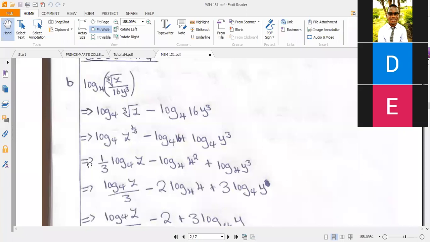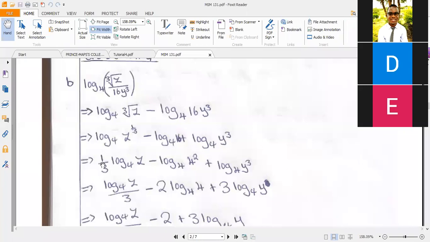Okay, this is how we're going about it. We said log 4 the cube root of z minus log 4 16y to the 3. Then this 16y to the 3 is the same as 16 times y to the power 3. So times means we are adding logs of the same base. That's why we came to this and said log 4 z, but the cube root of z is the same as z to the power 1 over 3. So we said log 4 z to the power 1 over 3 minus log 4 16 plus log 4 y to the 3.